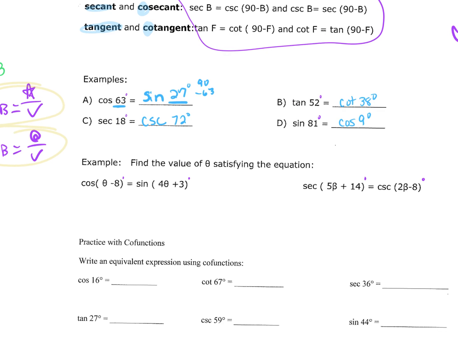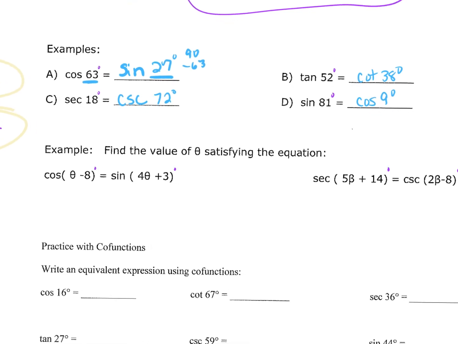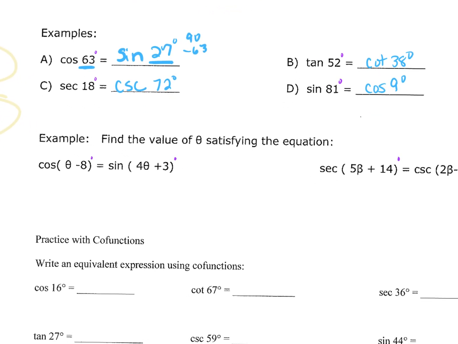Another type of problem you will see that has to do with co-functions is something like these next two problems where it says find the value of theta that satisfies this equation. In some instances, it might ask you to find the angle measures also, so we'll have to be conscious of that. What you have to notice is that in each of these equations we've got co-functions.